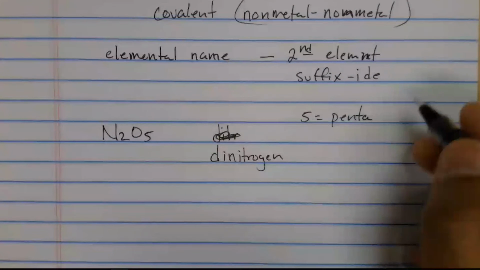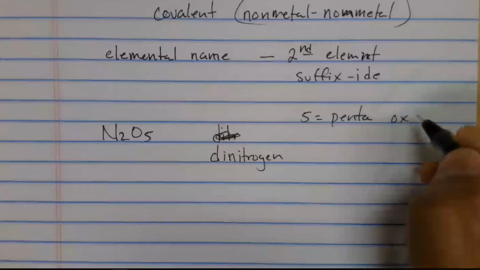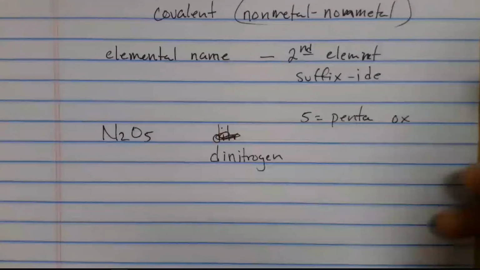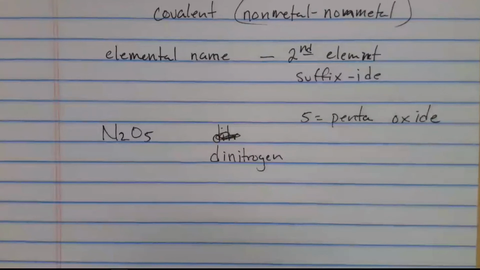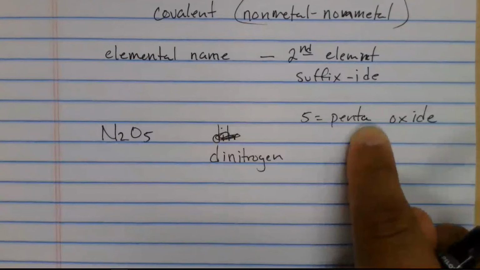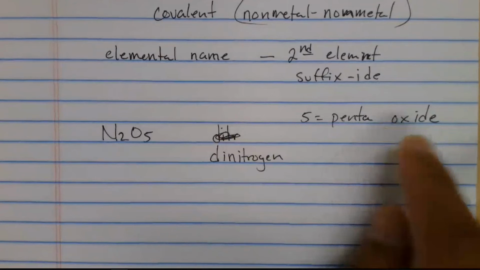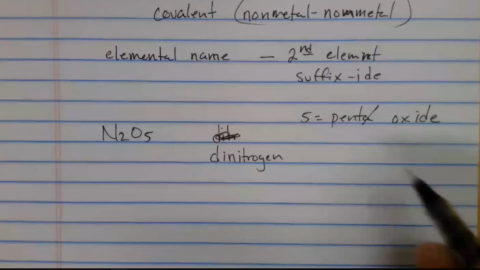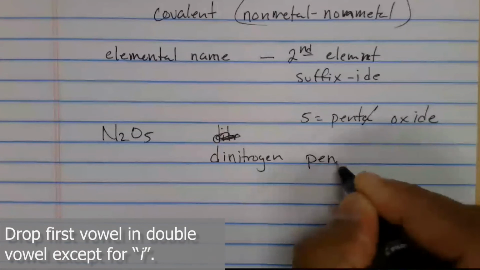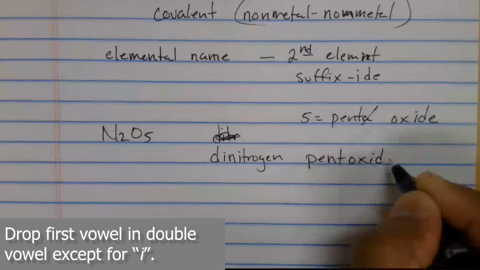But because this is an oxygen, now remember for oxygen, we're going to change that second element name to oxide. And whenever you see this double vowel, when you see an A before an O, just drop that first vowel. This is going to be pentoxide.